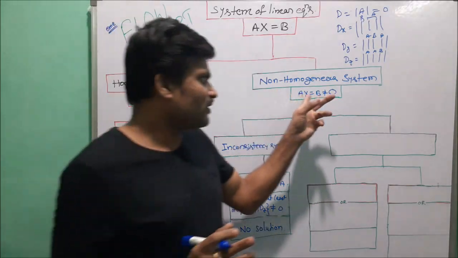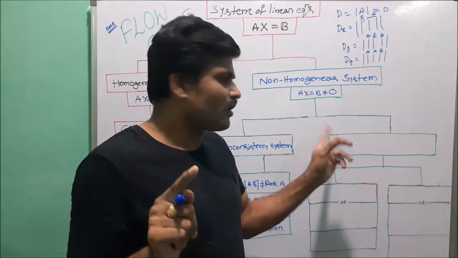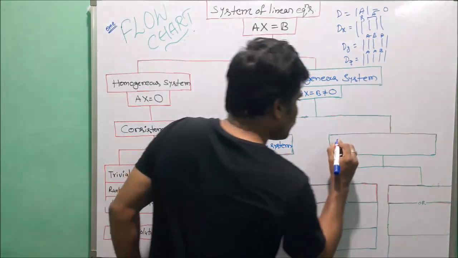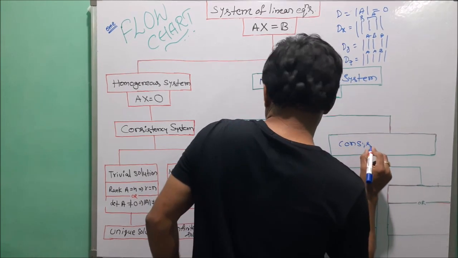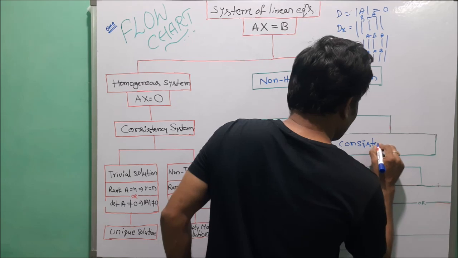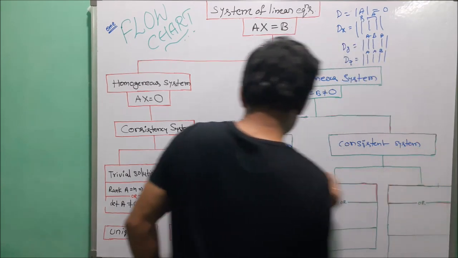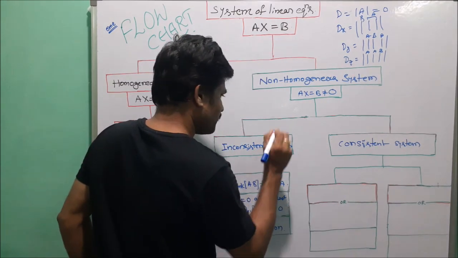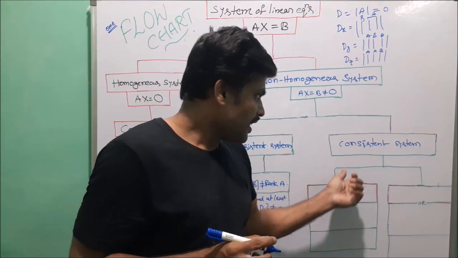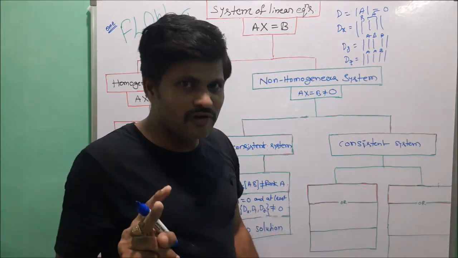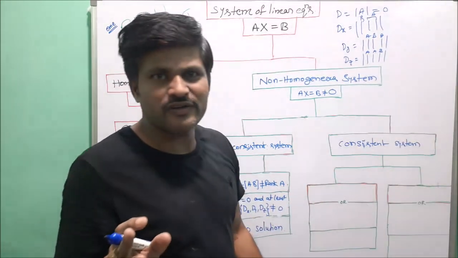Next, suppose the system has a solution. That system is called a consistent system. Here, either the system has one solution or more than one solution. Suppose the system has one solution.